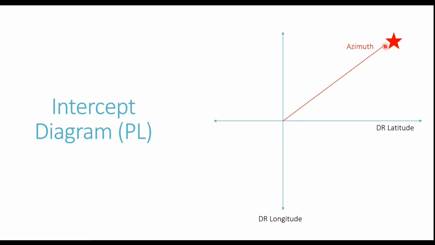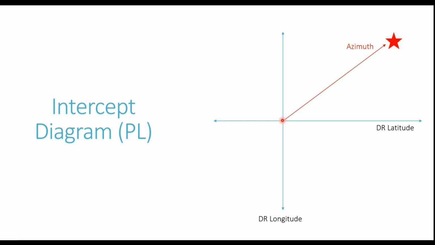Now we have the intercept. Let's assume we have an intercept equal to 3 miles towards. What that basically means is, from the DR position, we go towards the body. And how much distance do we go? We move a distance equal to the intercept, that is 3 miles.